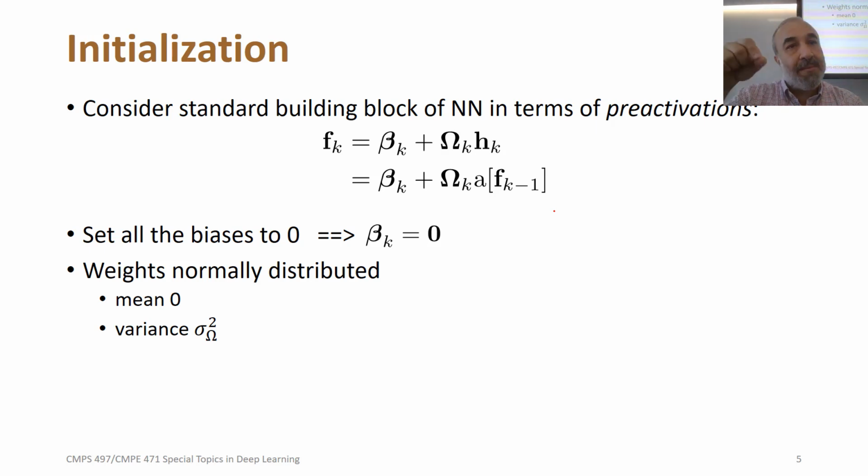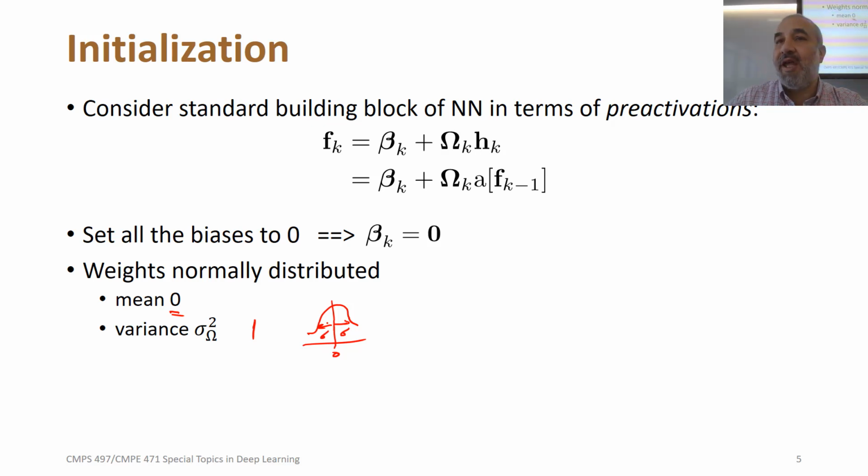So we will sample the values of the weights from a normal distribution with mean zero and some specific variance. Let's say, for example, if this variance is 1, then we expect that the values will be around 0, because the mean is 0 here.